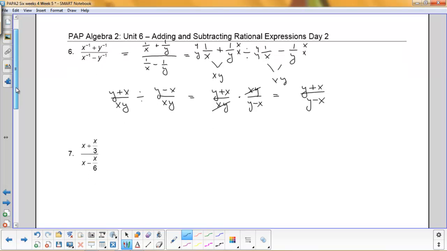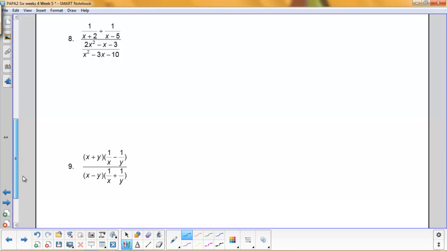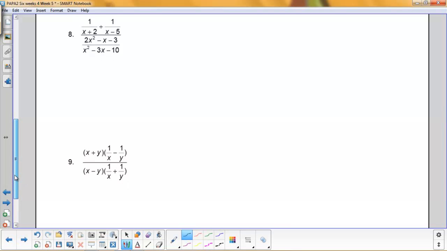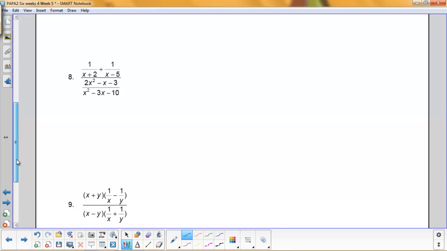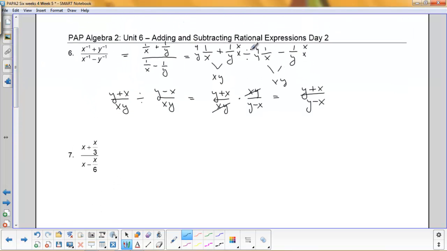Alright, questions 7, 8, and yes, 9 are your problems to practice. Please note, number 1, that you rewrite them as a conventional division sentence. Number 2, find a common denominator for the first quantity, then a common denominator for the second quantity.